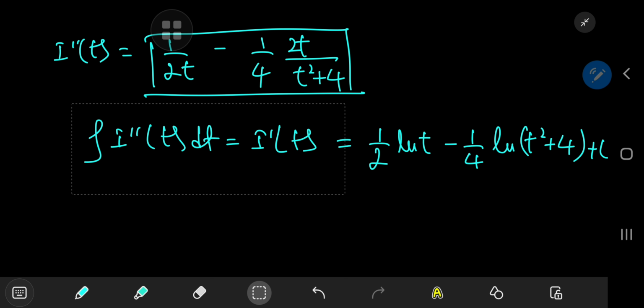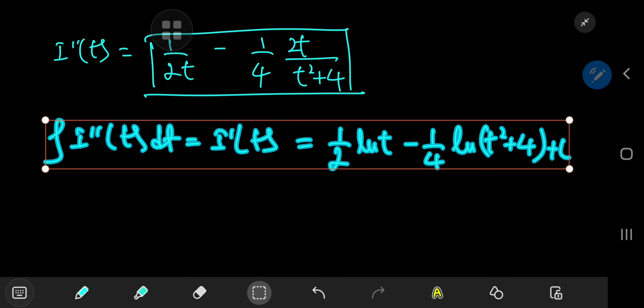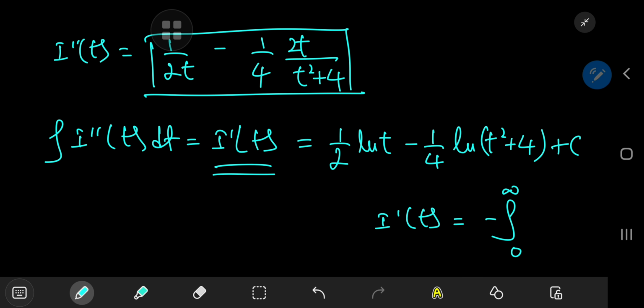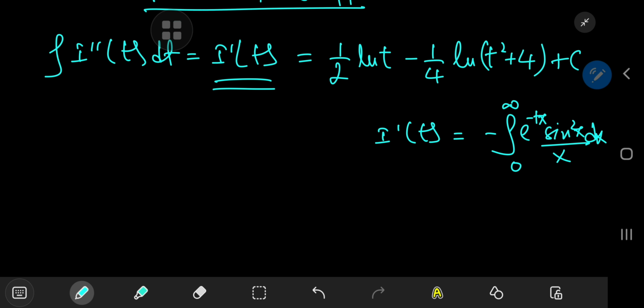And let me just move this a bit. Yeah, so we can give the constant of integration some breathing space. Okay, cool. So how exactly do we figure out the value of the constant of integration? Well, for that, I have to recall the structure of the derivative of I with respect to t, which we remember as the negative of the integral from 0 to infinity of e to the negative tx times the square of the sine of x divided by x dx.